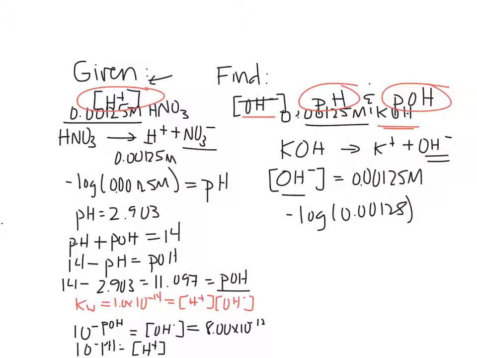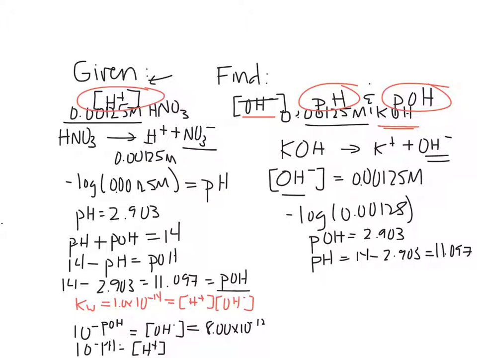And not surprisingly, since it's the exact same math that I did over here, I'm going to get the same number. However, it's the pOH that's equal to 2.903. Likewise, then it makes sense that the pH is going to be 14 minus that number, which is the same value I got before of 11.097.